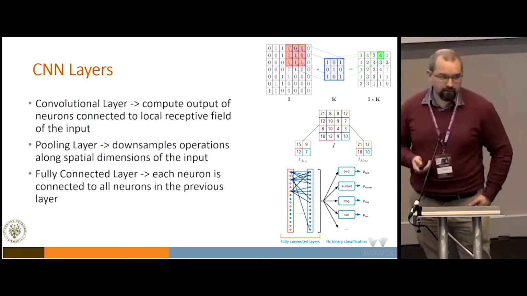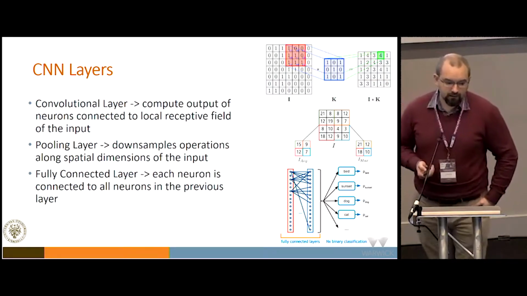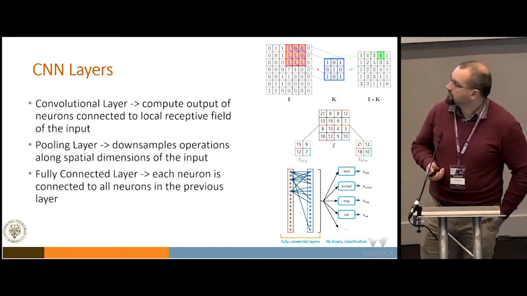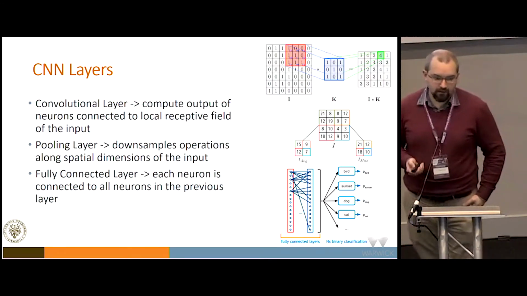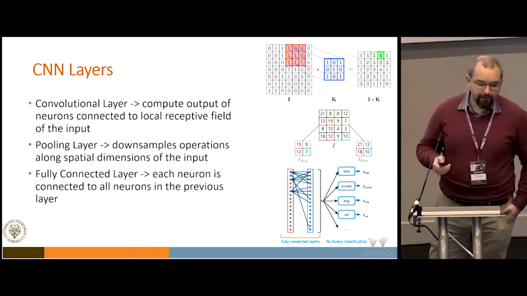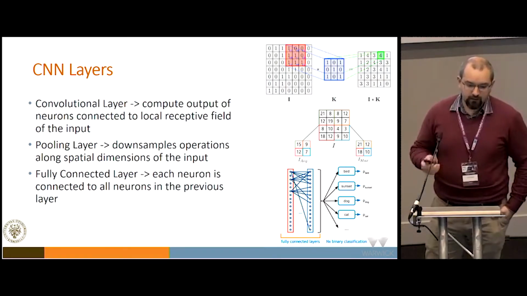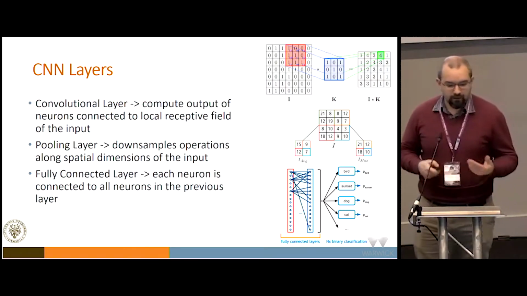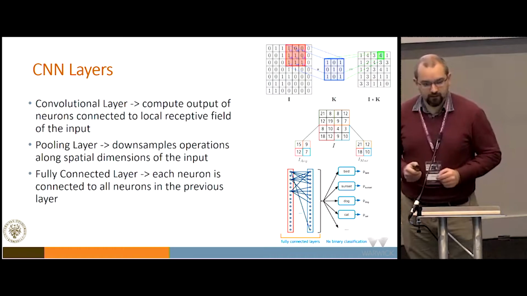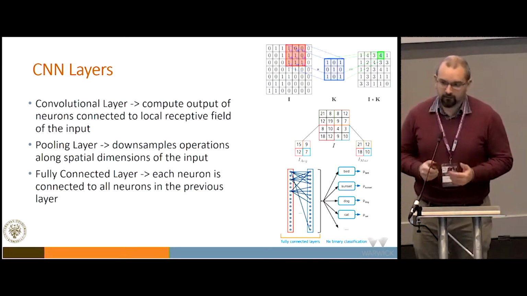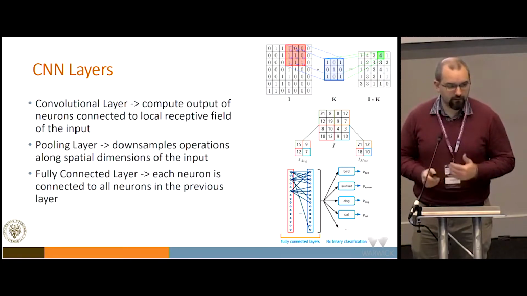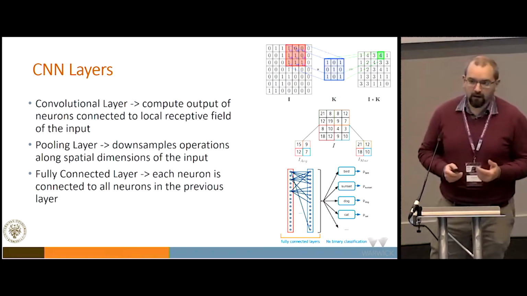The typical architecture of a CNN is composed of a combination of layers: the convolutional layer and the pooling layer. The convolutional layer filters the data with a kernel and produces some filtered values.